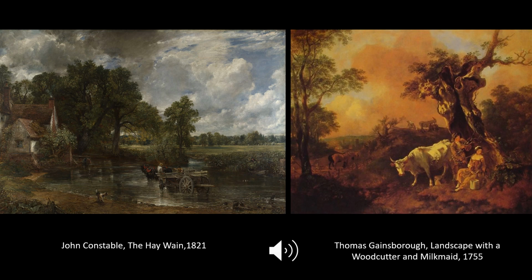Constable's work, however, right, demonstrated its dedication to minute observation, right, the scientific study of clouds and trees. There's more specificity given to the worker pulling the hay wain, to the landscape, and we'll also see this kind of fidelity in the next painting.